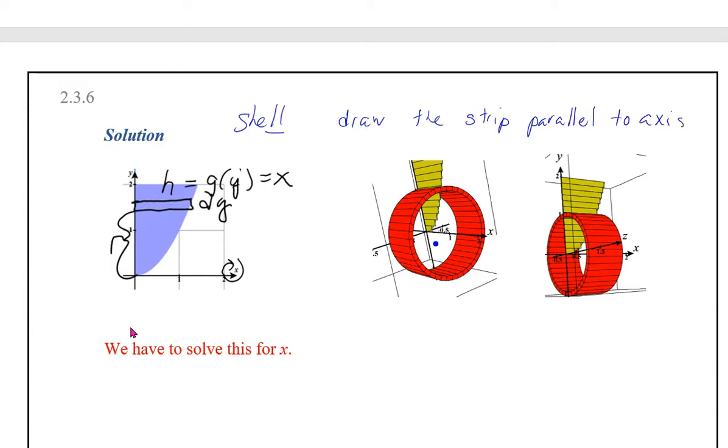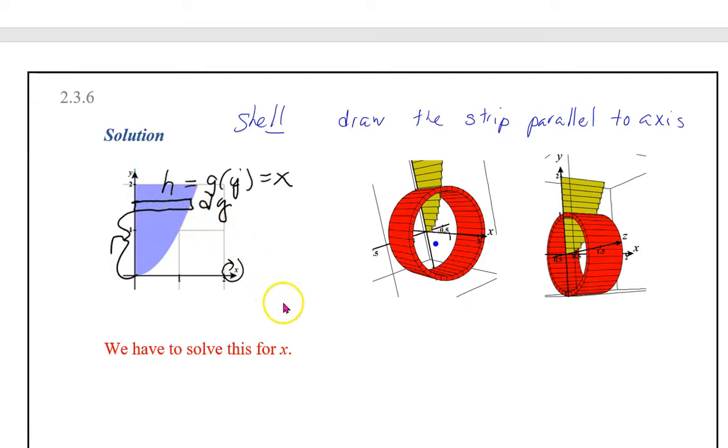That means that our thin rectangles will also run horizontally, just like the axis of rotation. The short end of the strip then becomes dy, and since it's dy, that means that this short end is the differential. The length of the strip, of course, is still going to be the height of our particular function.